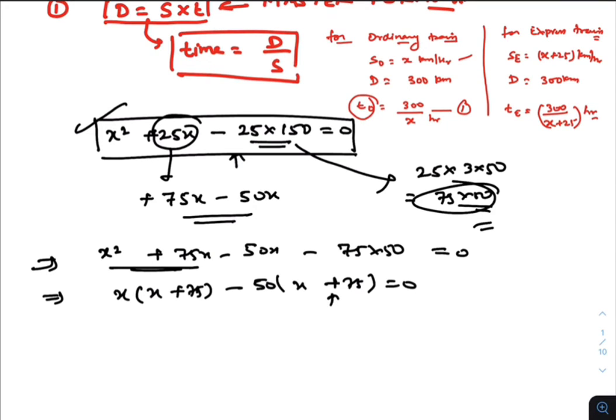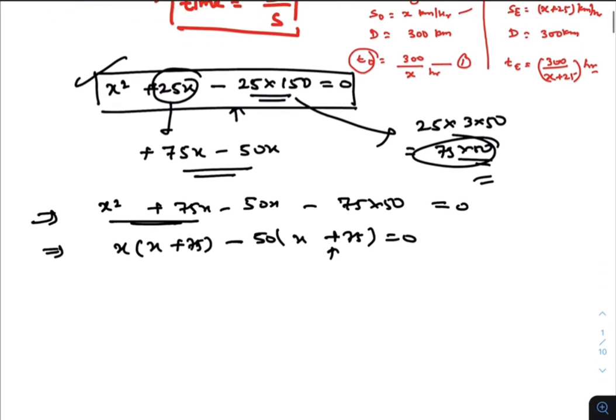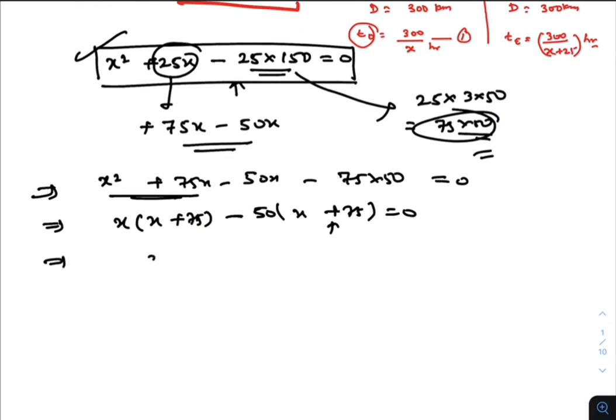Because if we take minus 50 as common, then here we will get plus 75. Now x minus 50 into x plus 75 is equal to 0. From here we will get two values of x, that is x is equal to 50 and x is equal to minus 75.